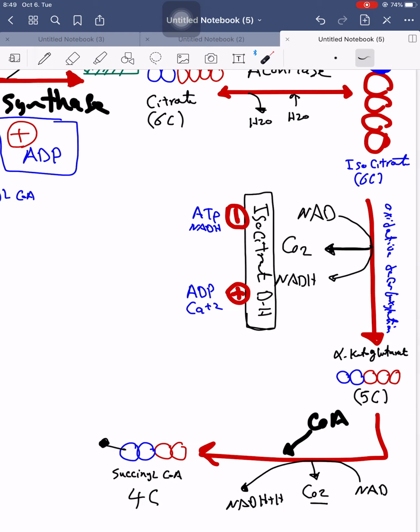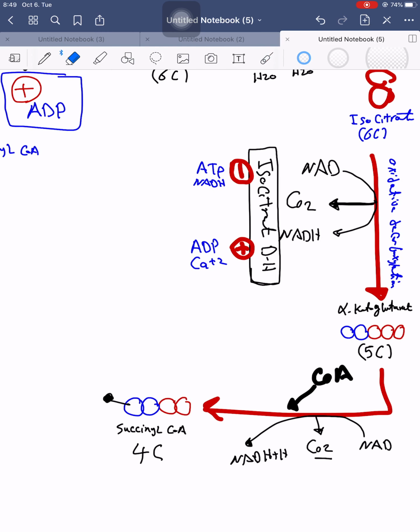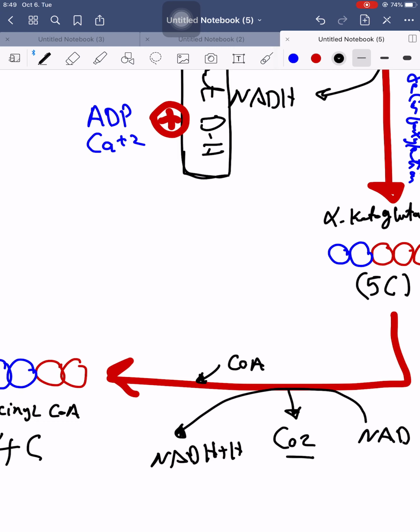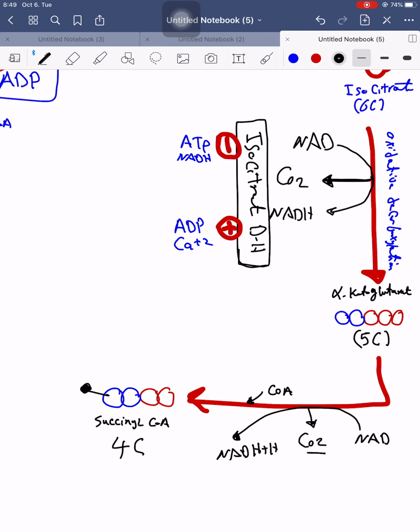What is the enzyme that manages this step? Let me do this in a better way. Here we insert the coenzyme A, and I need to write the name of the enzyme here that manages this one. It's the one that makes dehydrogenation for alpha ketoglutarate. Look, guys, just to help you, isocitrate dehydrogenase converts isocitrate to alpha ketoglutarate.